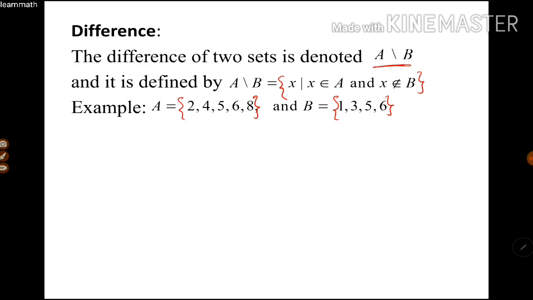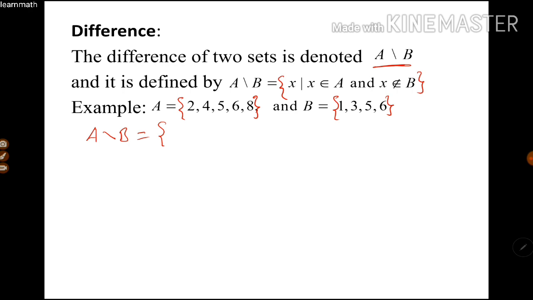A is equal to 2, 4, 5, 6, 8, B is equal to 1, 3, 5, 6. Find A minus B for this example. From the definition of A minus B, the collection of all elements which belong to A but not to B.